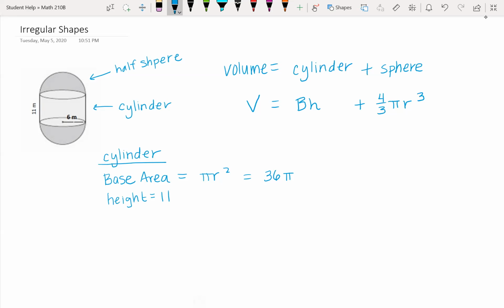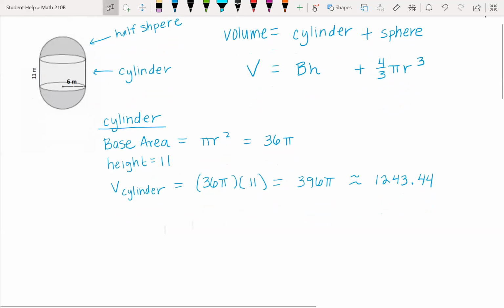So the volume of the cylinder is going to be the 36 pi multiplied by 11, which is 396 pi, or if I multiply that by 3.14, I get 1243.44.